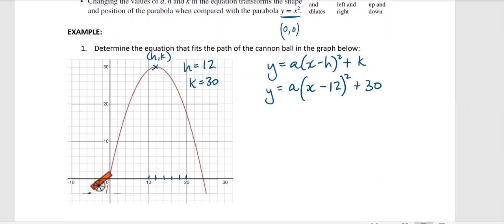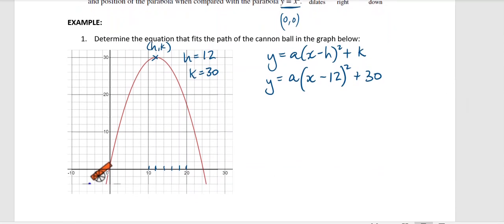Now the next part's a little bit trickier, and that's trying to work out the a value. To work out the a value, we need to find a coordinate on this parabola that neatly crosses over two grid lines. This one here might look pretty good.